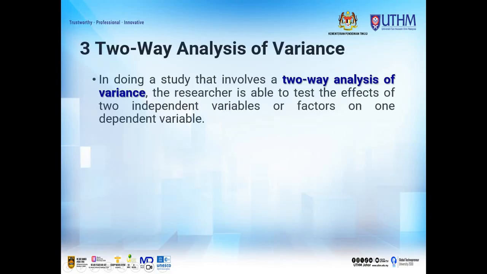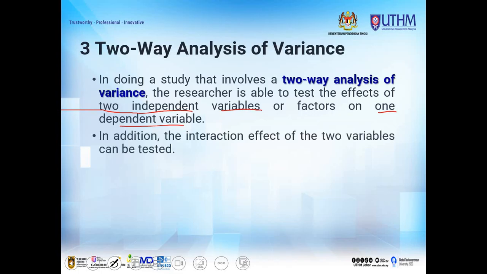In doing a study that involves a two-way analysis of variance, the researcher is able to test the effects of two independent variables or factors on one dependent variable. See the sentence, it's a bit tricky. They say two independent variables on one dependent variable.